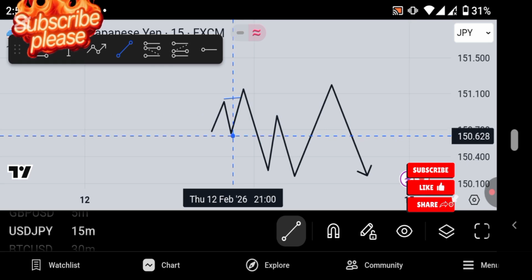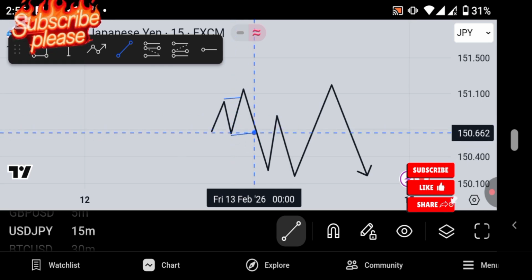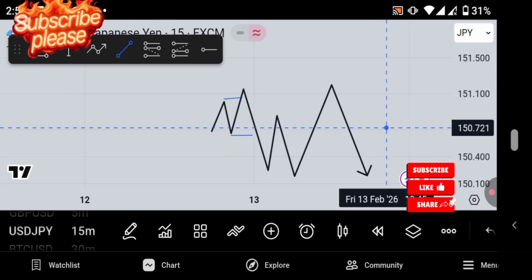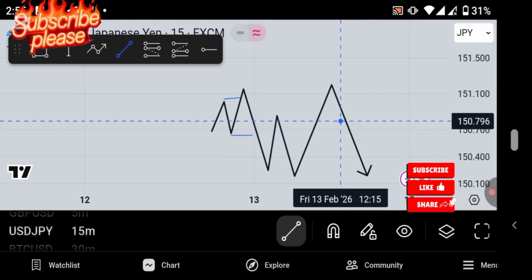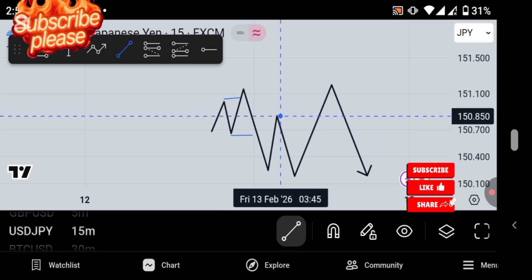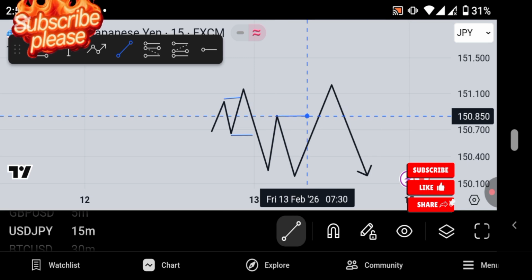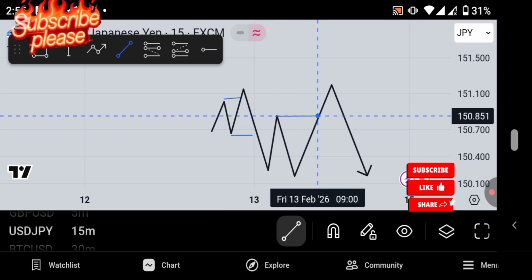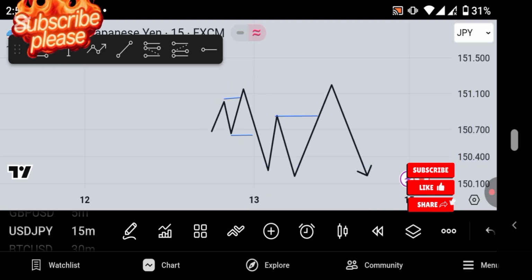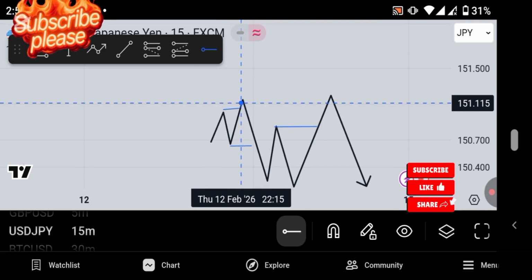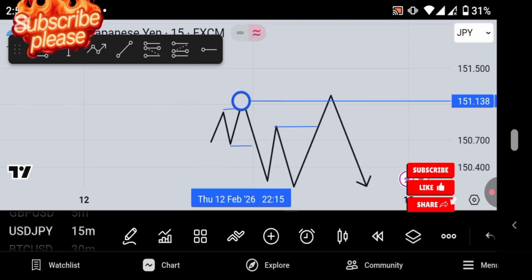It broke structure. And now we have liquidity resting just below our point of interest. It can be any type of liquidity, we have different types of liquidity. So just any liquidity resting below our point of interest. And this is our point of interest, our POI.